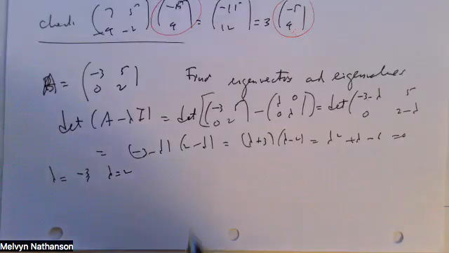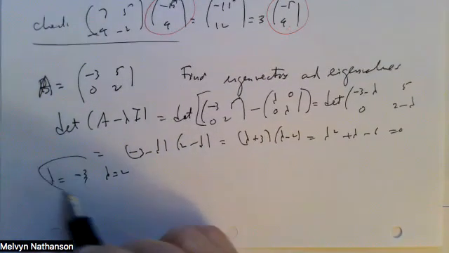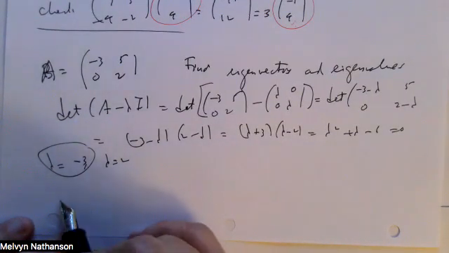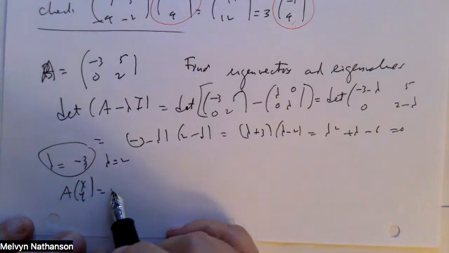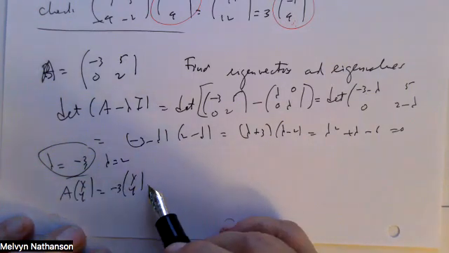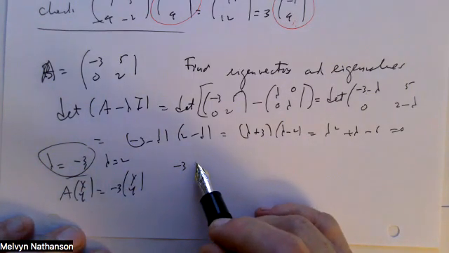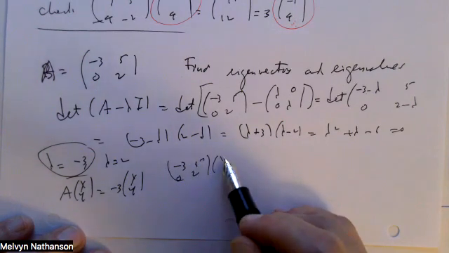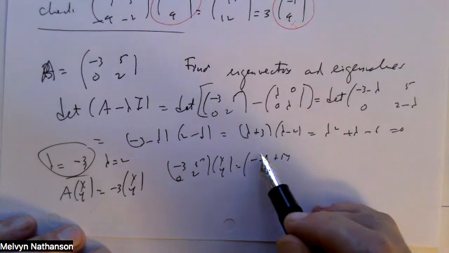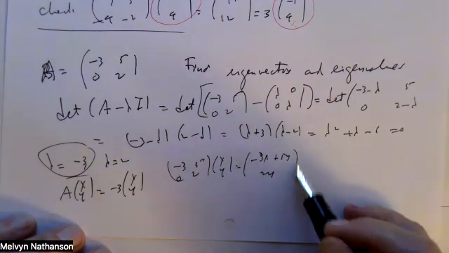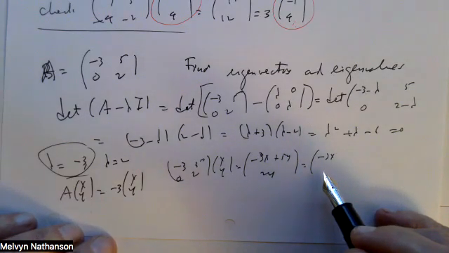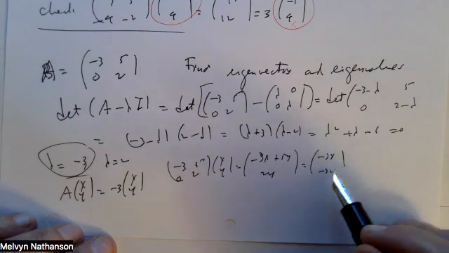Let's compute the eigenvectors. So lambda equals minus 3: you want A times the vector xy to be minus 3 times xy. So what is that? A applied to xy, with A being minus 3, 5, 0, 2, is minus 3x plus 5y, 2y, and we want that to equal minus 3x, minus 3y.